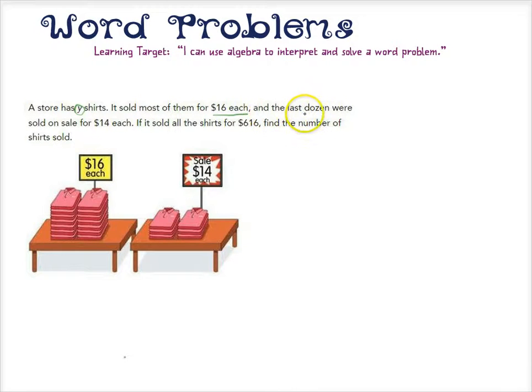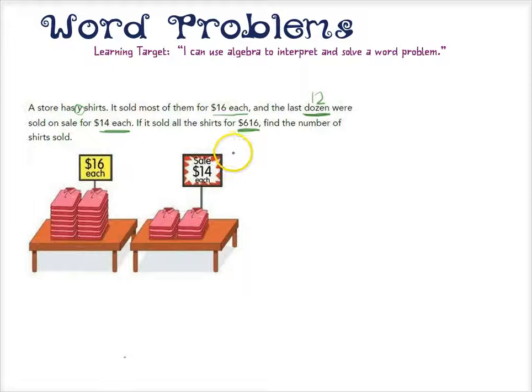And the last dozen, so sometimes I like to throw something in there that's a word, it's a number, so we know that means 12. So the last 12 were sold on sale for $14 each. So most of them for 16, but 12 of them were 14 each. If it sold all the shirts for $616, so that's what it sold all of them for, and the number of shirts sold.